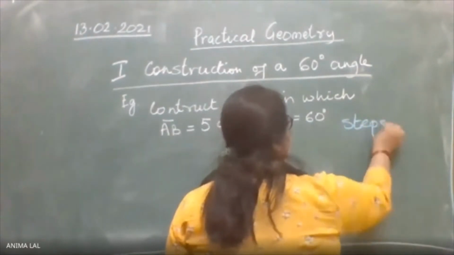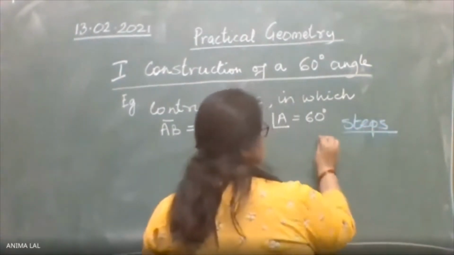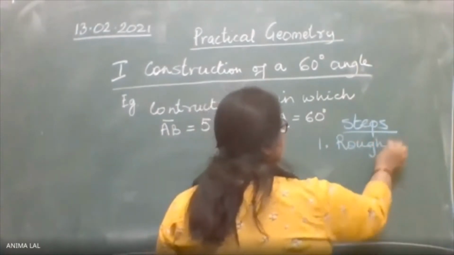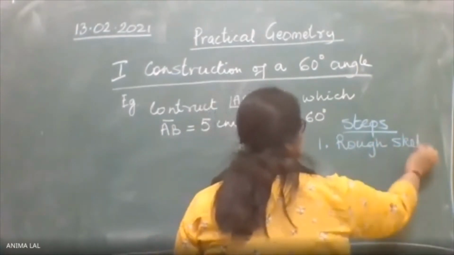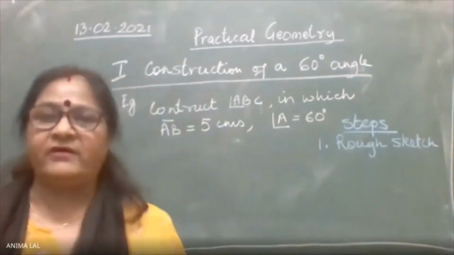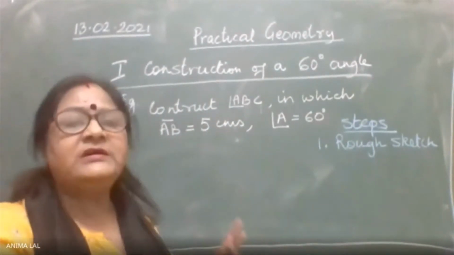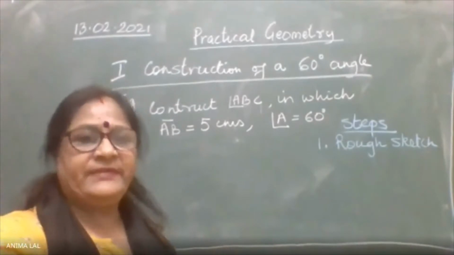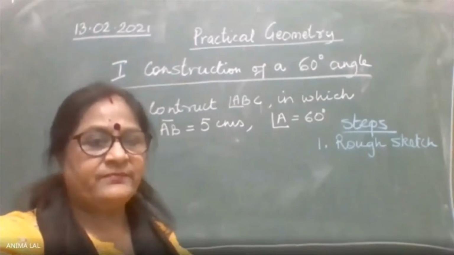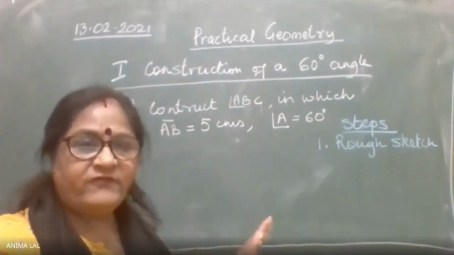The steps for construction. The first step is to draw a rough sketch. What a rough sketch means is, without any accurate measurement, we will draw a small figure, okay?